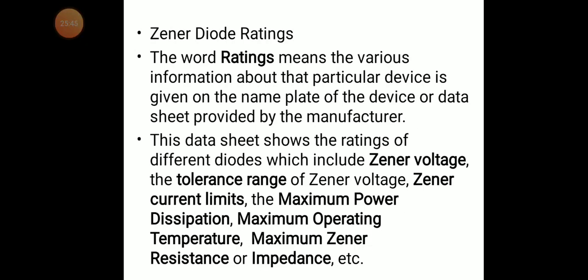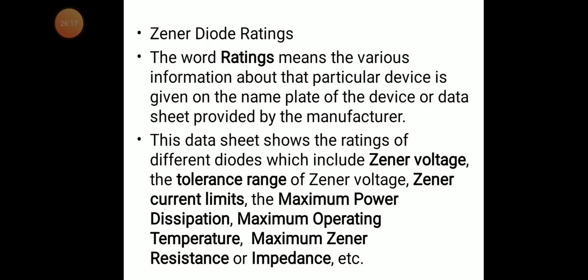The word rating means the various information about that particular device given on the nameplate of the device or the data sheet provided by the manufacturer. In general, if you want to buy any device or electronic component, we see what features and different things are there.